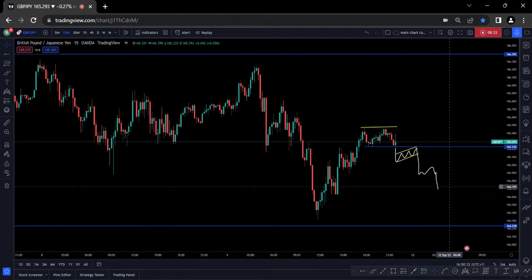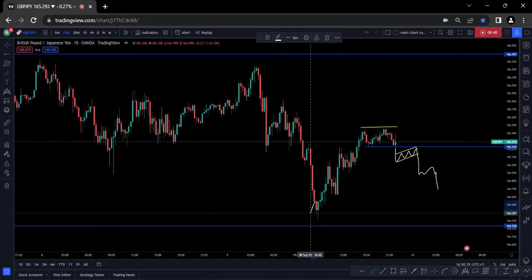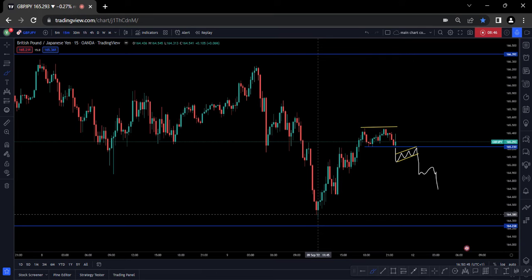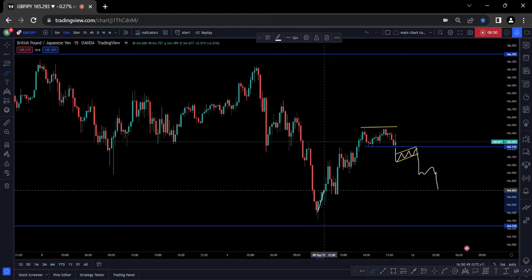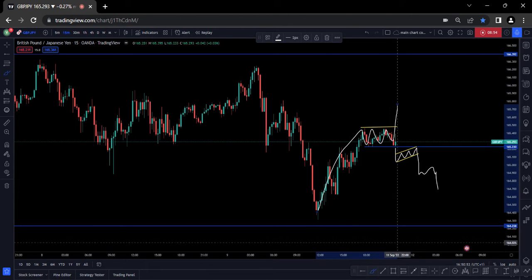Okay, so after the little impulse here, you can see this formation here, this retracement, this bullish retracement candle. So after the formation here, impulse correction, we might likely get something like this.